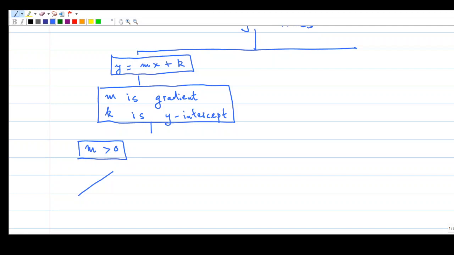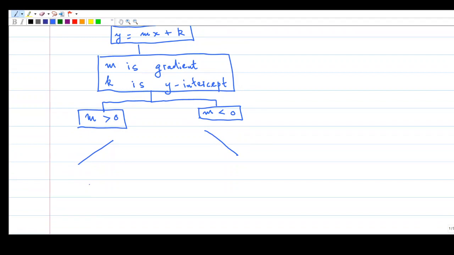In other words, it's going to be an increasing function. If m, the gradient, is less than 0, then you have a decreasing linear function, and that's going to be the shape.